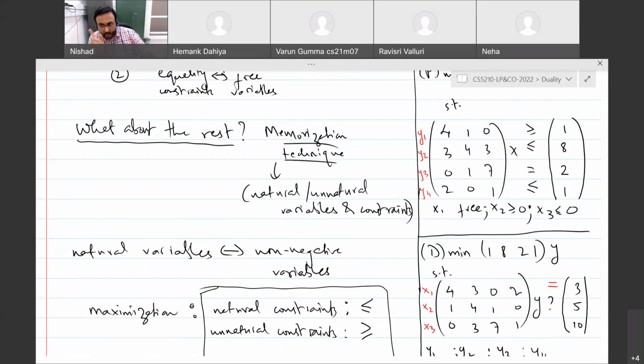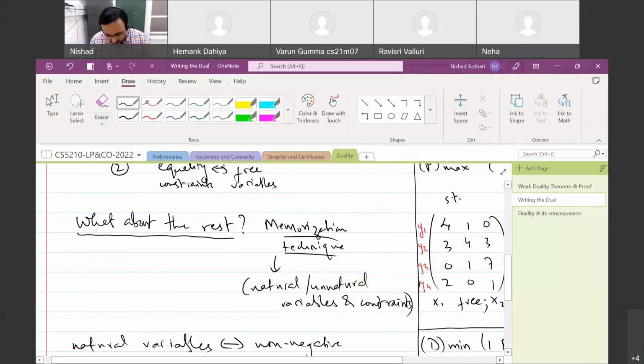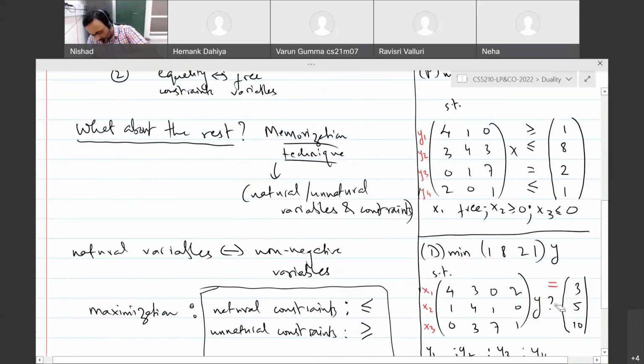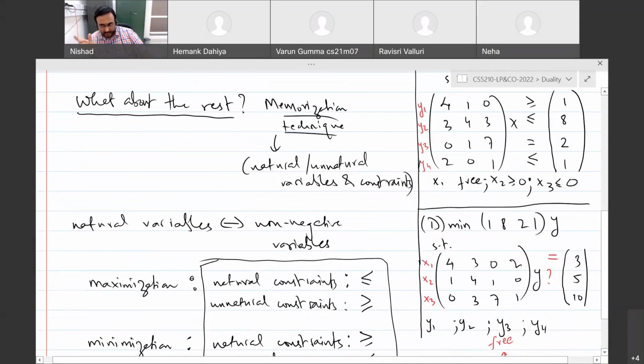So it should correspond to a natural constraint in the dual.